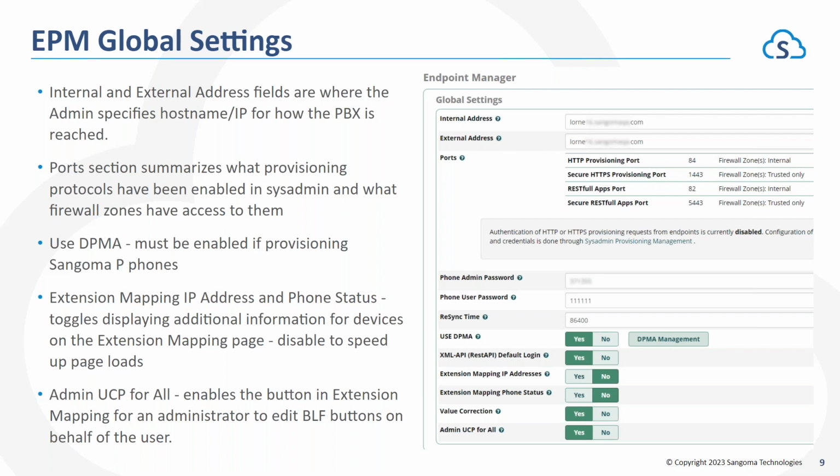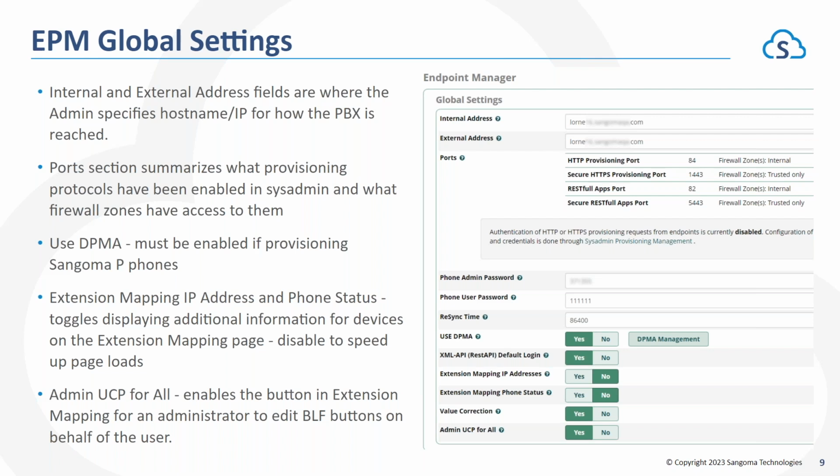Immediately below the address fields, we have the ports and protocols summarized here. So whatever provisioning protocols you have enabled in system admin, they will be listed here with their corresponding port configuration. In addition, you will also see what firewall zone each of these services is zoned to in the FreePBX firewall.